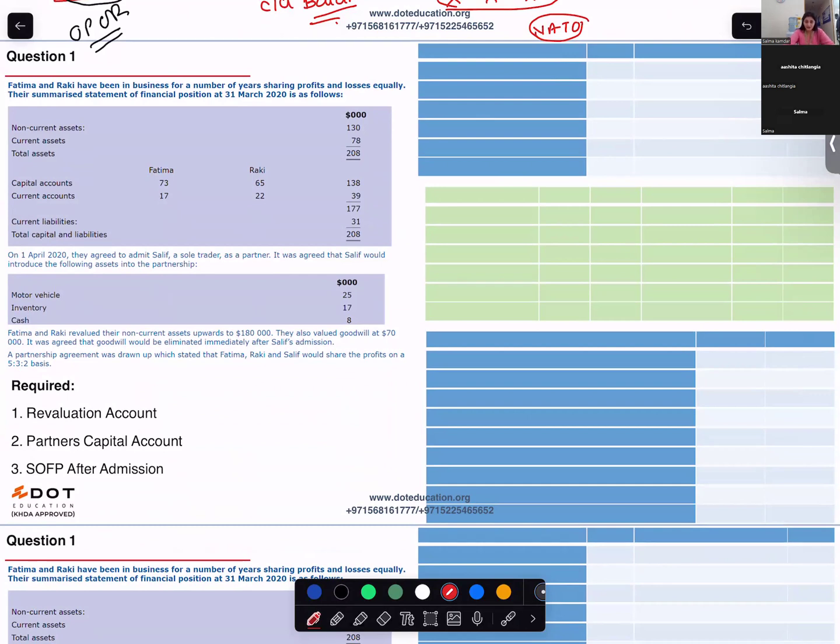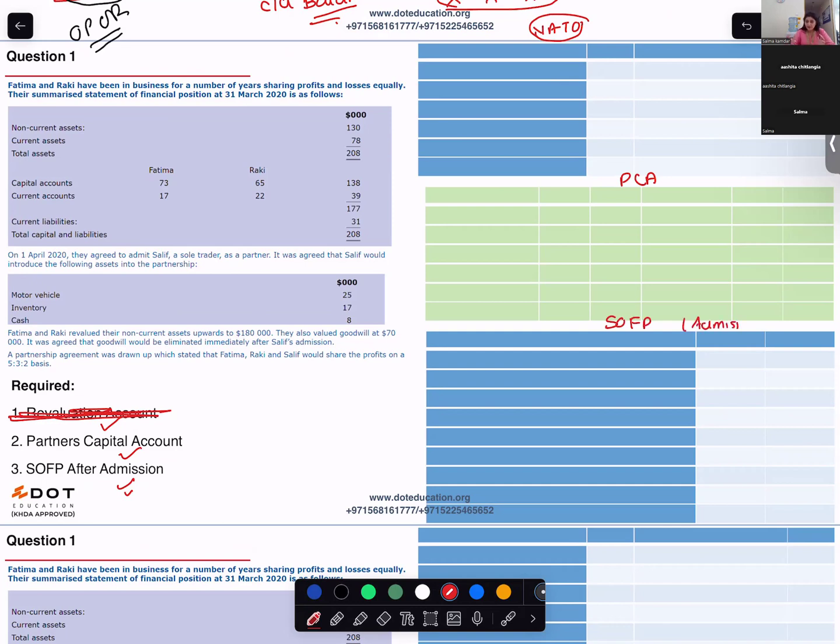What are you required to prepare? You are required to prepare a revaluation account, partner's capital account, and a statement of financial position immediately after admission. But do not prepare the revaluation account. Directly give me the partner's capital account and the statement of financial position immediately after admission.